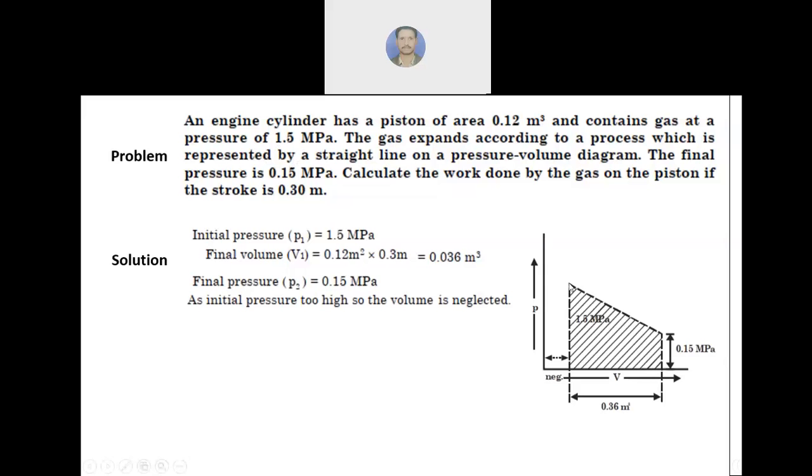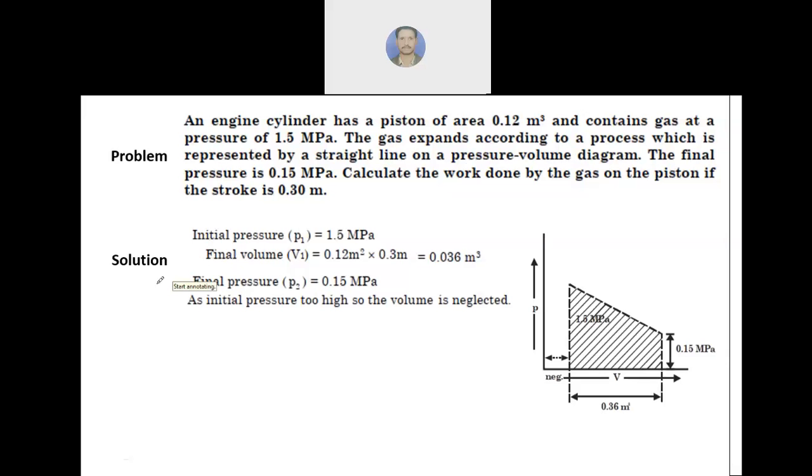The final pressure is 0.15 megapascal, so this is the next point. Now what about volume? Here the area is given as 0.12 meter square, and the stroke of the piston means the length, how much distance the piston is moving.